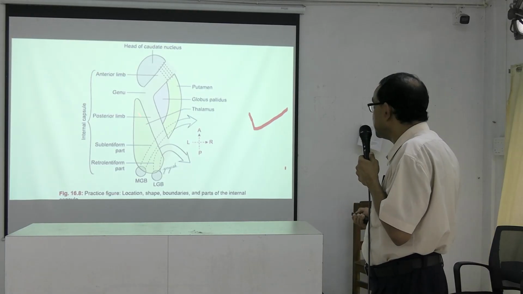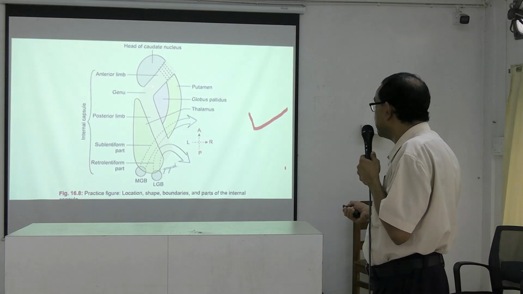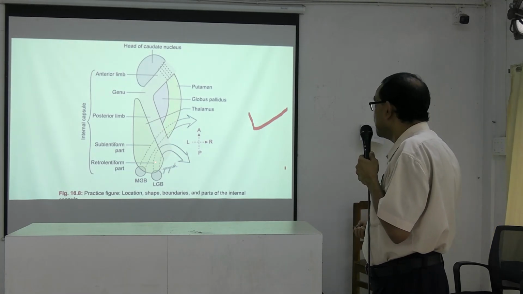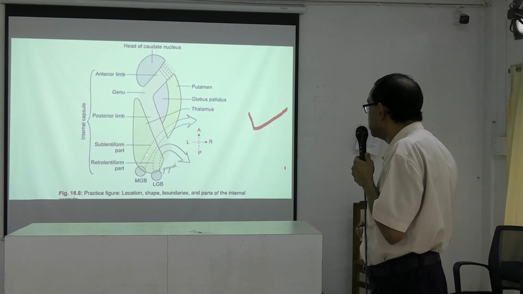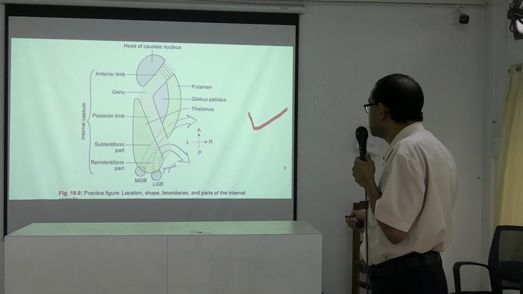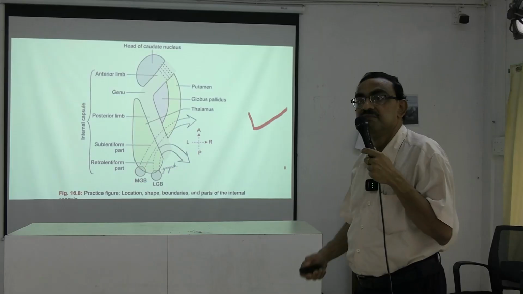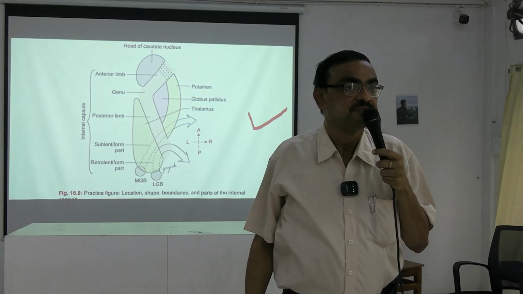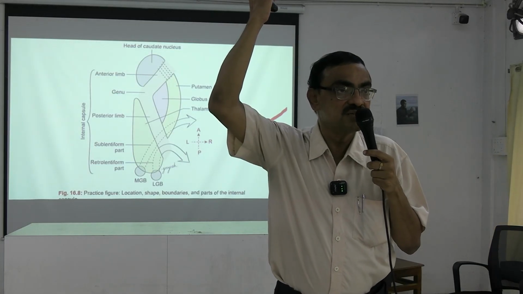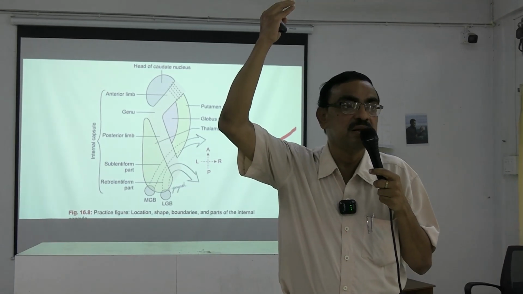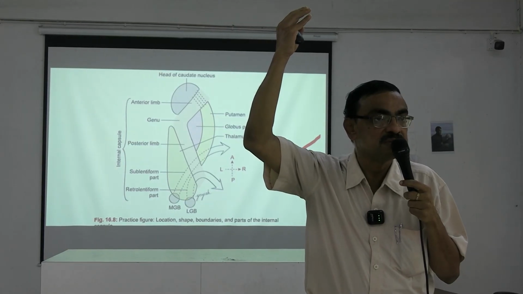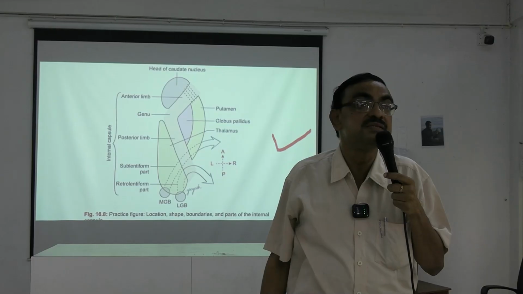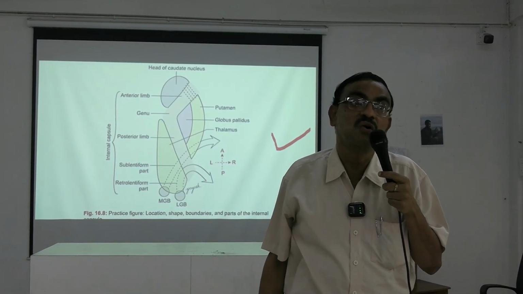From the superior part, they are passing through the genu and posterior limb. From the posterior part, the posterior thalamic radiation passes through this posterior limb. Okay. So, they are the afferent fibers, going towards the cerebrum. From the cerebrum, the efferent fibers, that means corticonuclear fibers or corticospinal fibers.